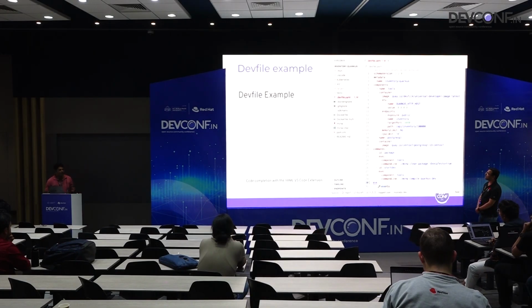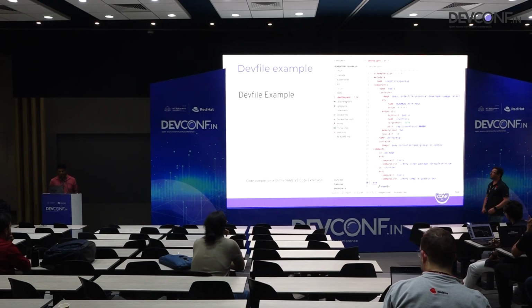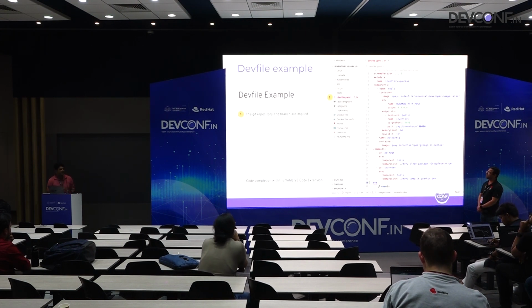So now let's take an example of a devfile and understand how these devfiles work. As we know, we can define our repository here at first. Then we have the list of components which are required. For example, we can add an editor here and define a default browser here.